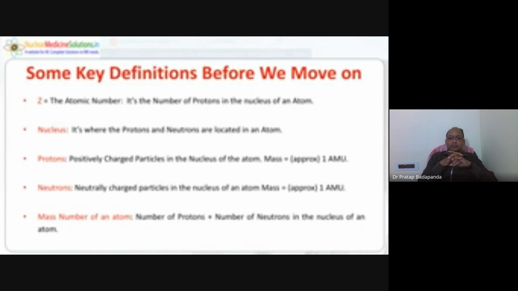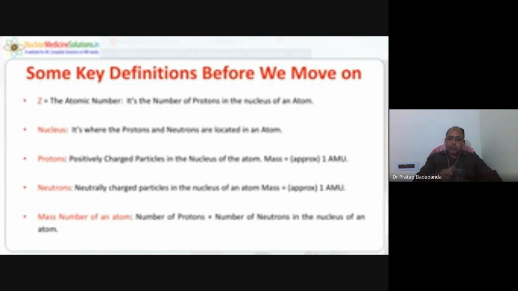Now comes proton. A positively charged particle in the nucleus of an atom is called a proton, and its mass is nothing but 1 AMU. What is neutron? Neutrons are particles which are neutrally charged. It means they don't have any charge. As we defined, the proton is positively charged, the electron is negatively charged, neutrons don't have charge, but neutron and proton both combine to make a nucleus.